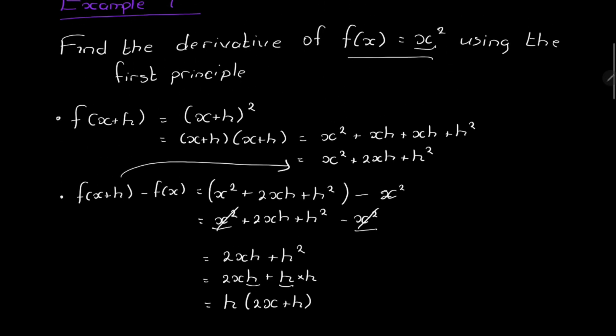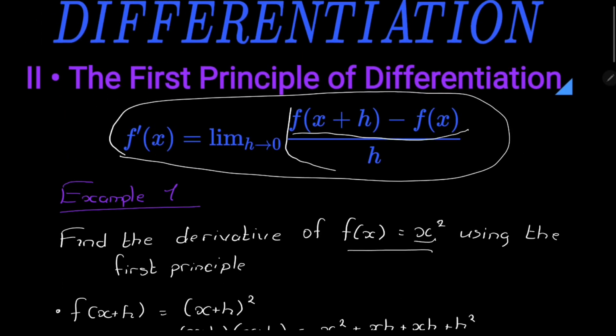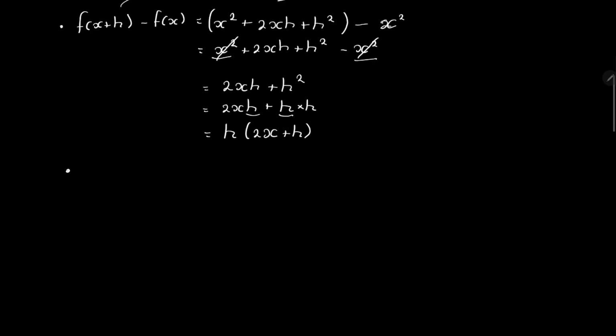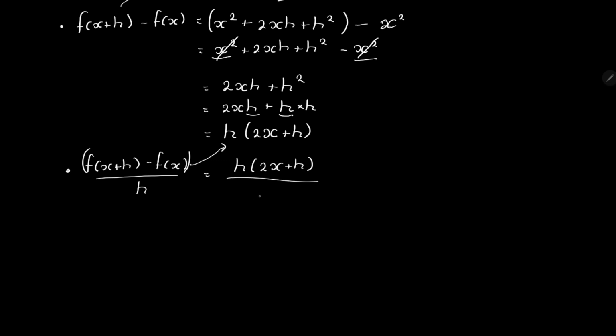Now back to our denominator, which is h. We are now going to calculate the whole of this term. Since the term is f of x plus h minus f of x, all that divided by h, we have the numerator which we calculated above, h times 2x plus h, all over h.